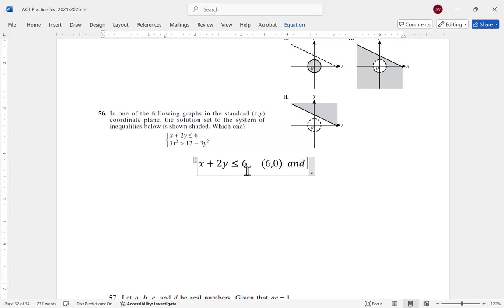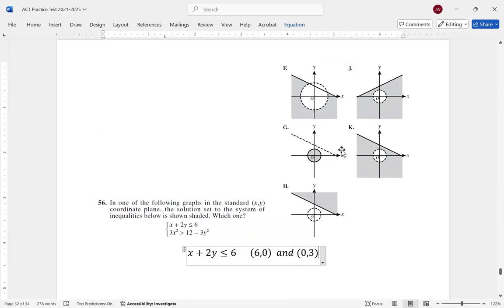And it's going to go through the point (0, 3). Since it's less than or equal to, it's going to be a solid line going through (6, 0) and (0, 3). Of those options, that means we're going left to right. So I get option H, K, or F as my options.